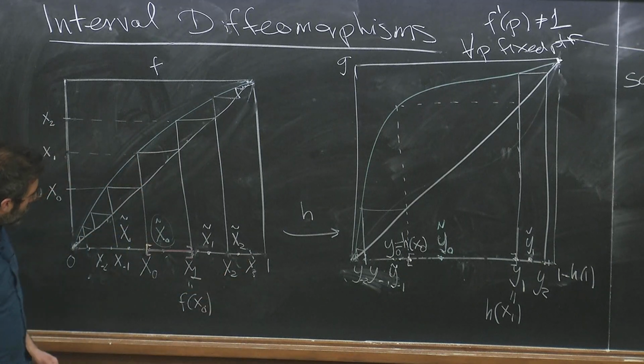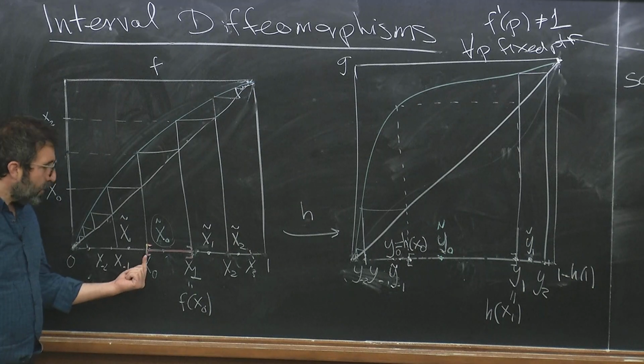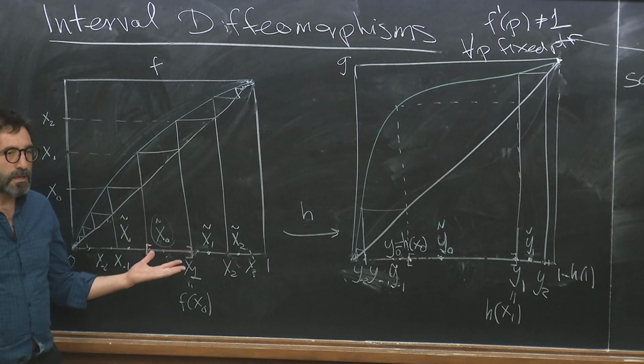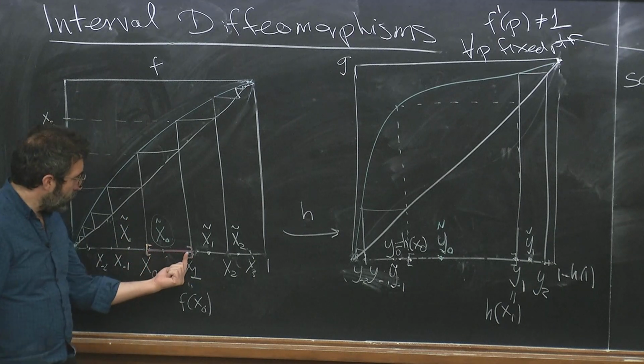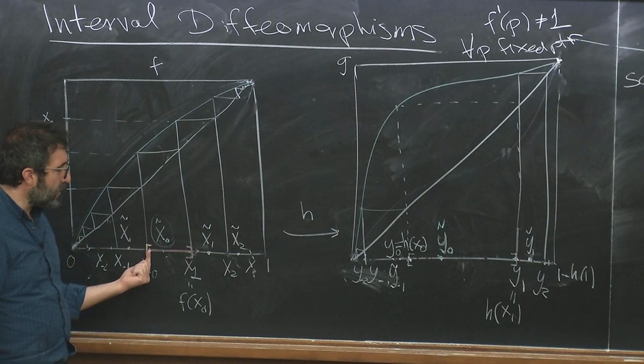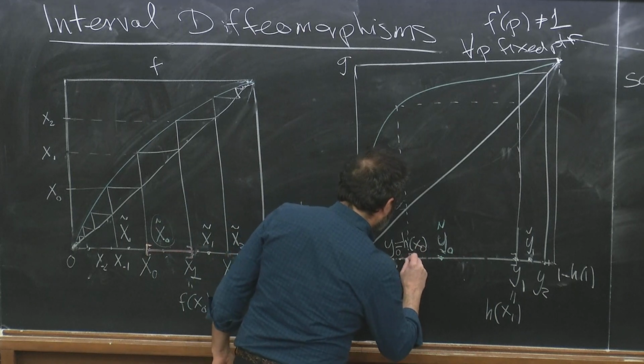So really, if we're trying to construct this homeomorphism, a natural choice would be to map all these points inside this interval to the corresponding interval here.